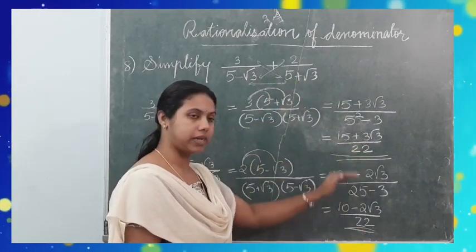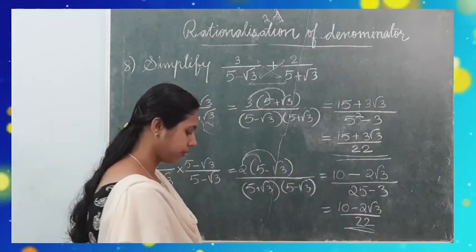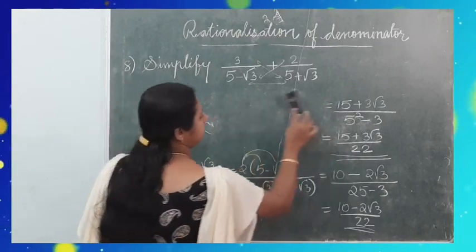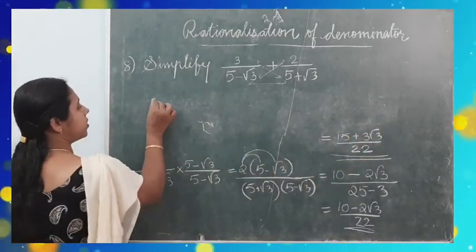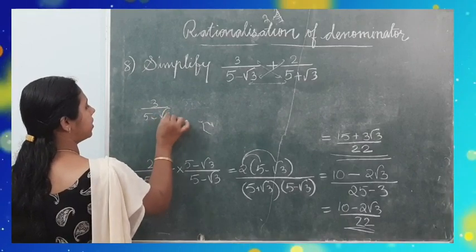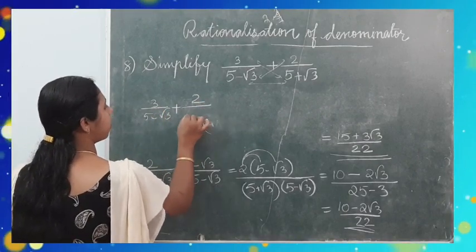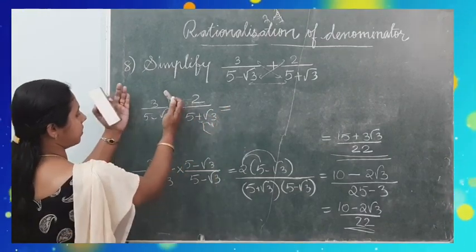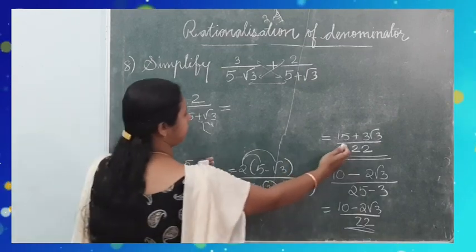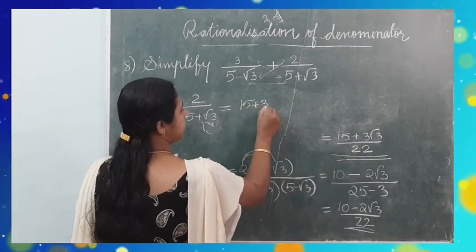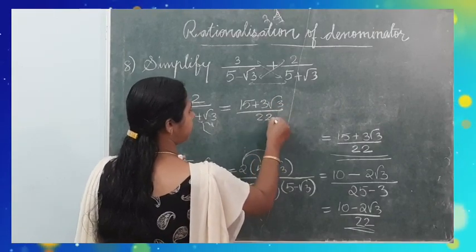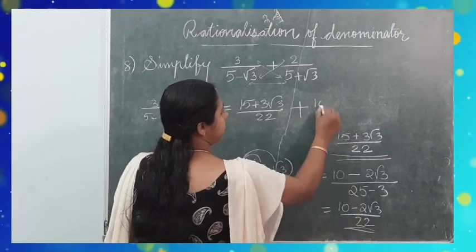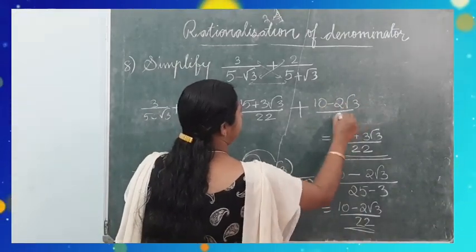Now the denominators are the same, so you can add the terms. 3 by 5 minus root 3 plus 2 by 5 plus root 3 is equal to 15 plus 3 root 3 by 22 plus 10 minus 2 root 3 by 22.